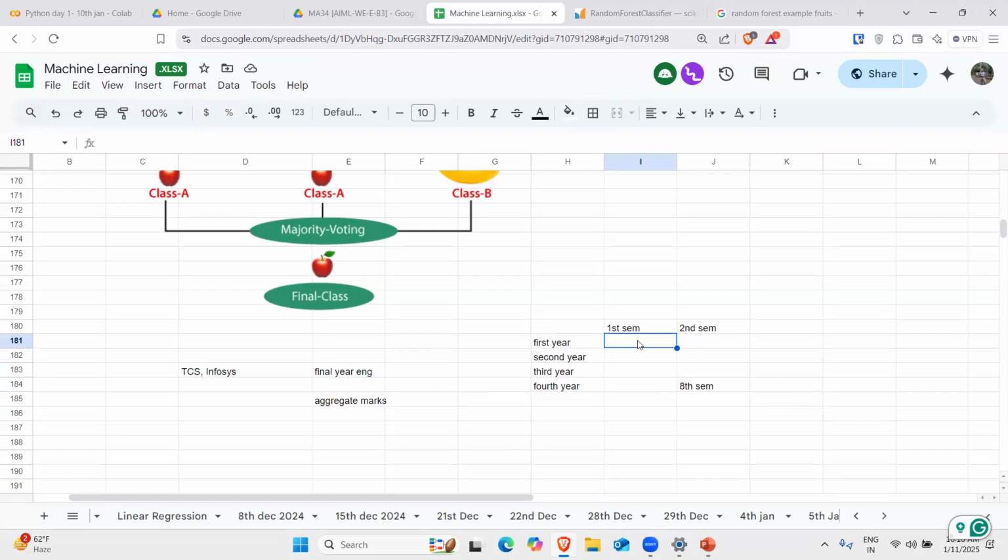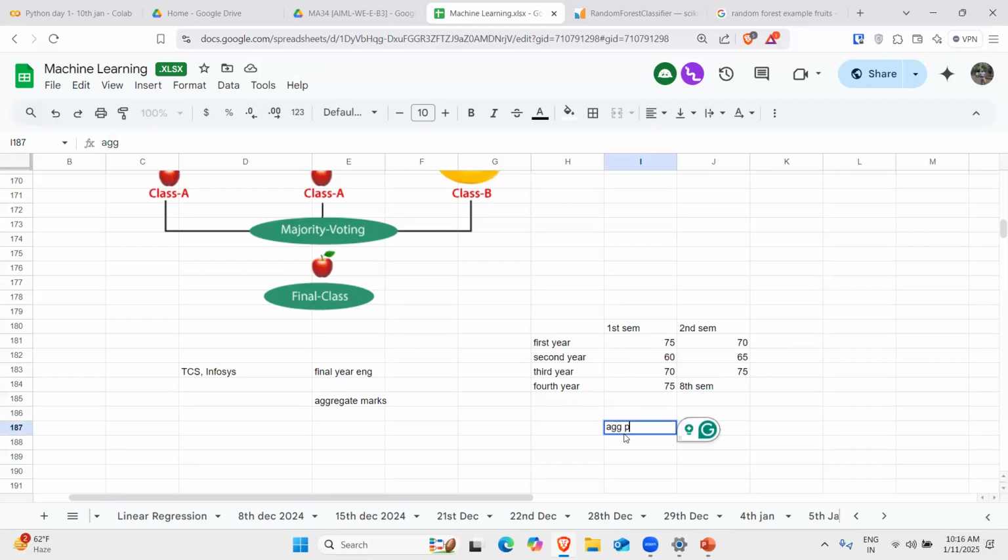So let's say you have scored 75% in first year, 70% in second year, 60% in second year first sem, 65 in your second year second sem, 70 again in your third year first sem, 75 in your third year last sem, and 75 in your fourth year first sem, right?